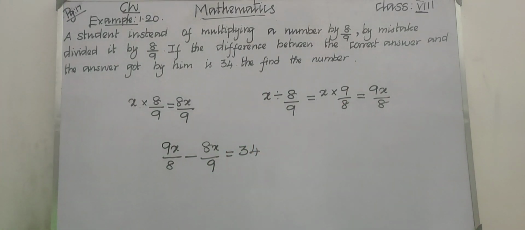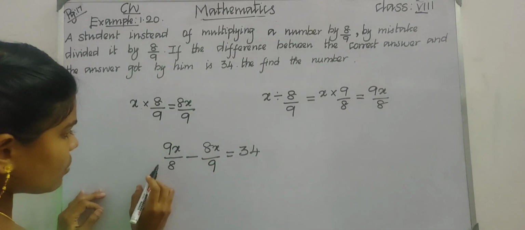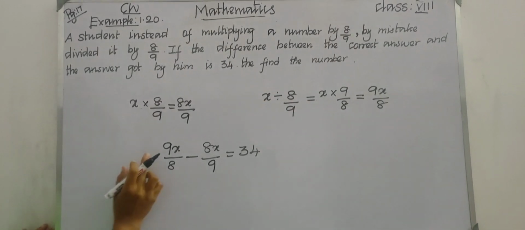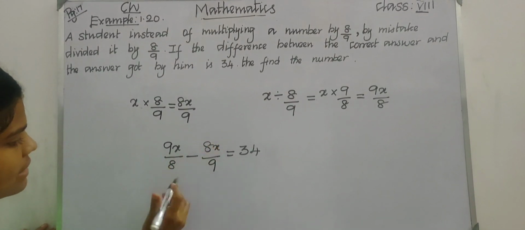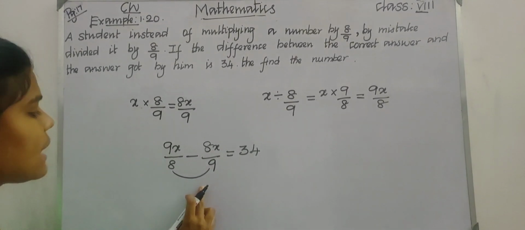So how will you find? Simply we can keep x on one side and bring all the numbers to the other side. See, 9x minus 8x, and also we are having different denominators. So what we can do, we can take LCM.